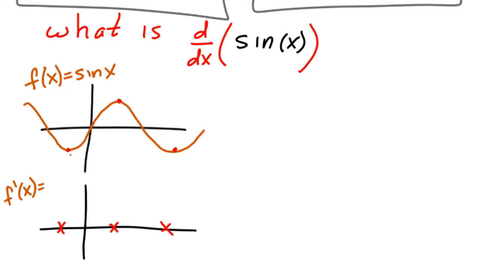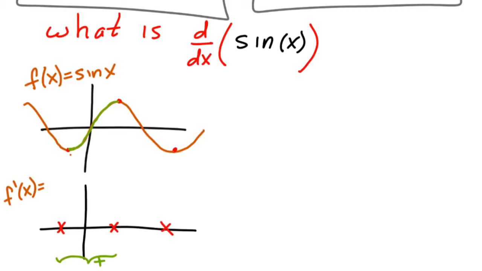Okay. Now, if you take a look at this, you know that, for example, from here to here, since this guy is increasing, the derivative is going to have to be positive on this green area.